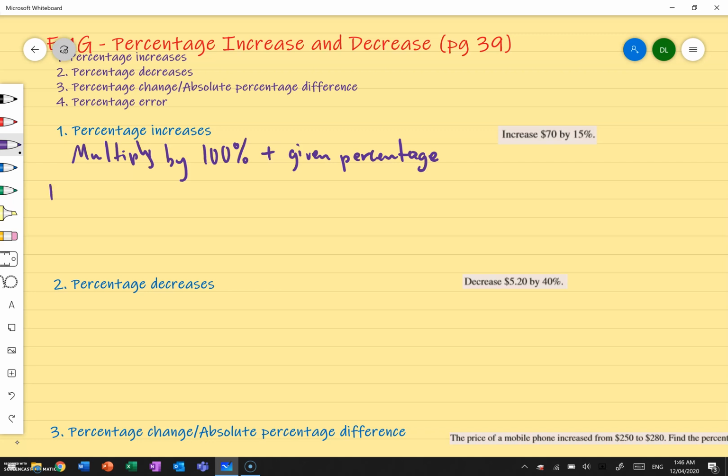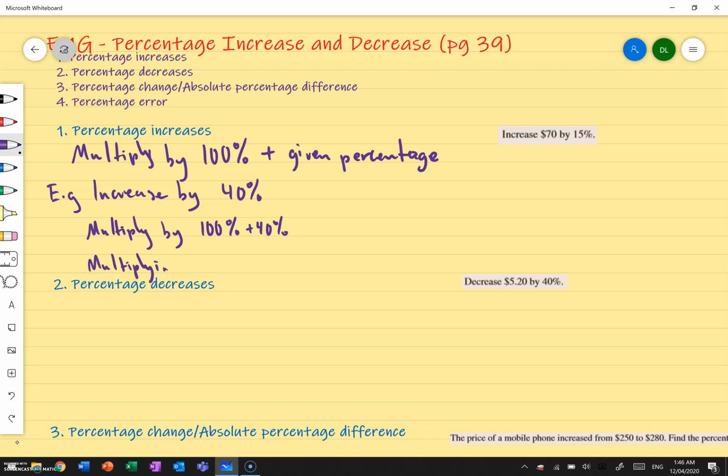So let's say, for example, I'm going to try and increase by 40%. In which case, I'm thinking to myself, well, I need to multiply by, if it's increasing by 40%, I say 100% plus 40%, which is the same as multiplying by 140%.